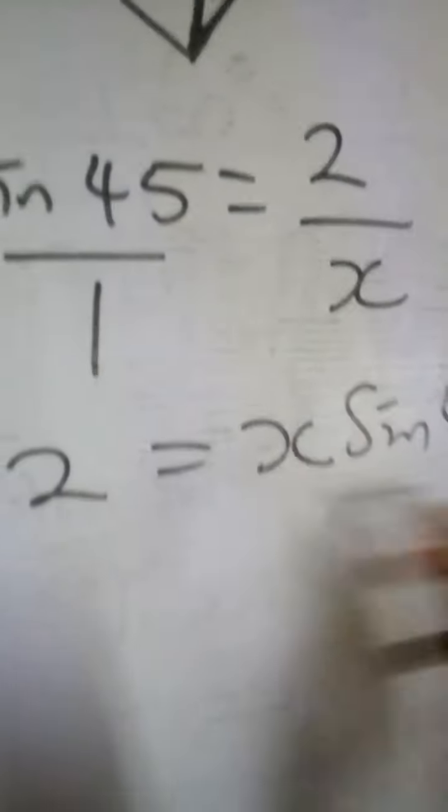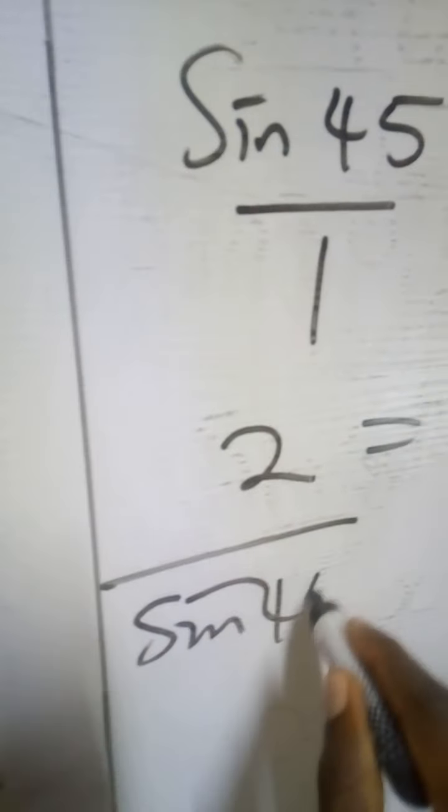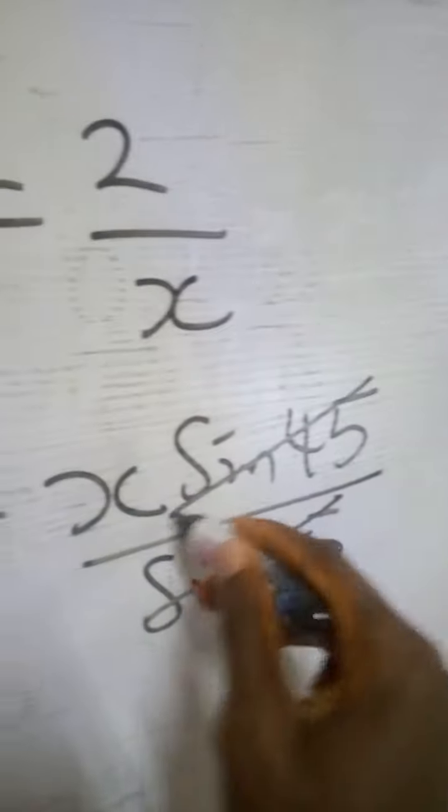Then you divide both sides by sine 45. Here sine 45 cancels out sine 45, remaining x. So x equals 2 divided by sine 45. One more time I get my sine 45, we used it the other time, 0.7071.